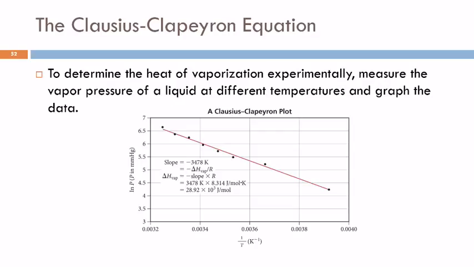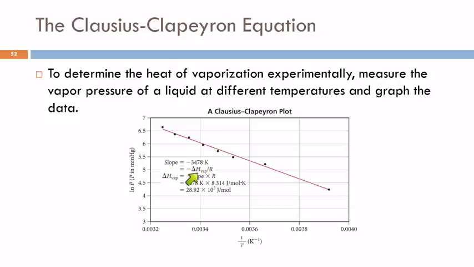So here's an example of some real data. We graph natural log of P, the vapor pressure, as a function of 1 over T. The temperature is measured in kelvins. And so we get a line. And as is typical with real data, it's not perfectly straight, but we draw the best fit line. And then the slope here is determined as minus 3478 Kelvin.